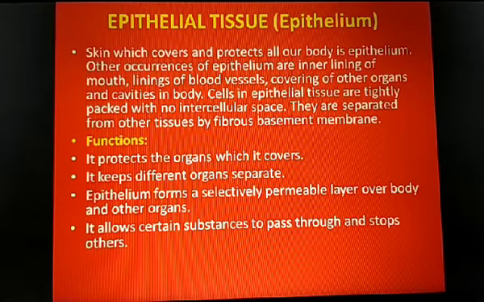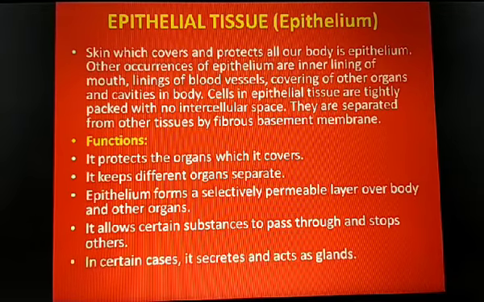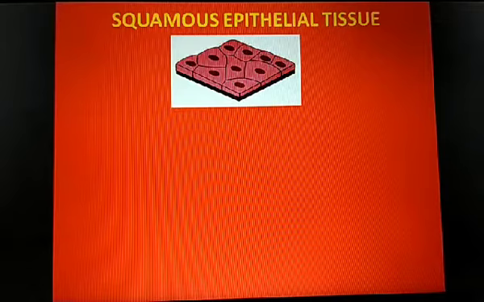It allows certain substances to pass through and stops others. You must be aware of the term semi-permeable membrane. In the same way, it acts as a selectively permeable membrane that allows only certain substances to pass through and stops others. In certain cases, it secretes and acts as glands, which we'll be discussing in today's section.